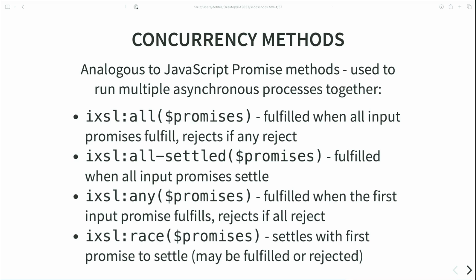So any will be fulfilled when the first input promise fulfills, and reject if all of them reject. Whereas race just gives you the first one to come back. So if the first one is rejected, then you'll get a rejection. Or if it's fulfilled, then you'll get that fulfillment value. So these are all going to be useful to us too, hopefully.